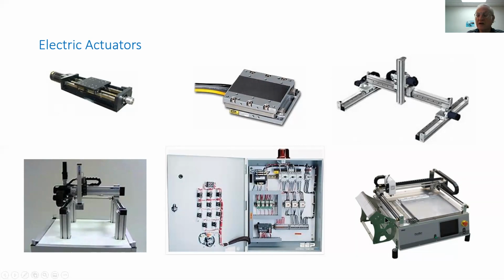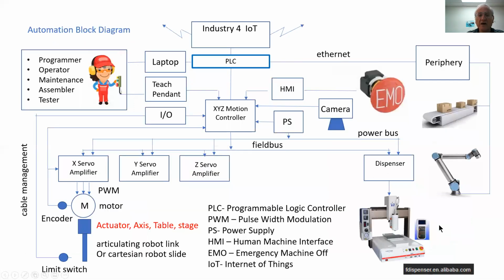And we see over here, for example, a dispensing device system that combines the gantry with a lot of peripheral equipment, all connected to the controller and the amplifiers within an electronic box, which could be embedded within the system. Again, we see here the system that we saw earlier.